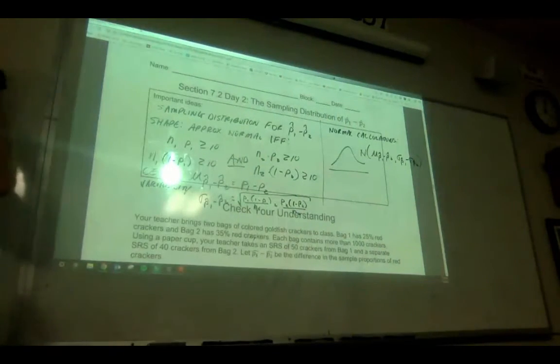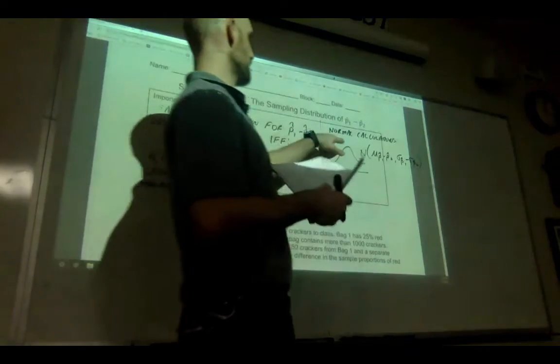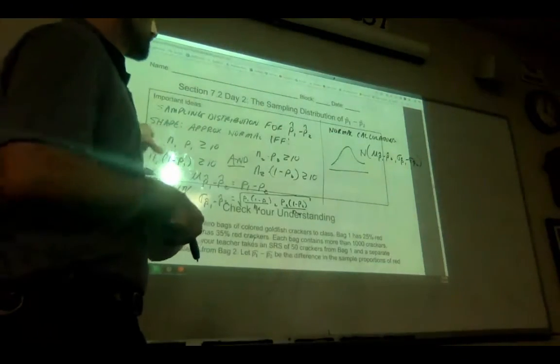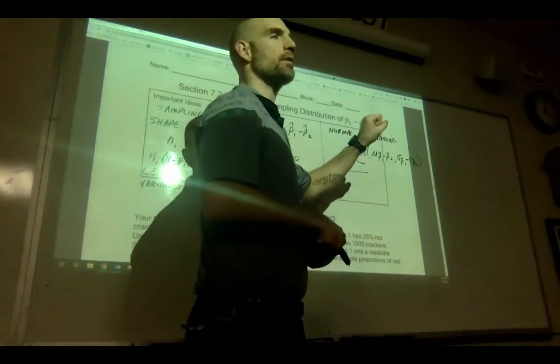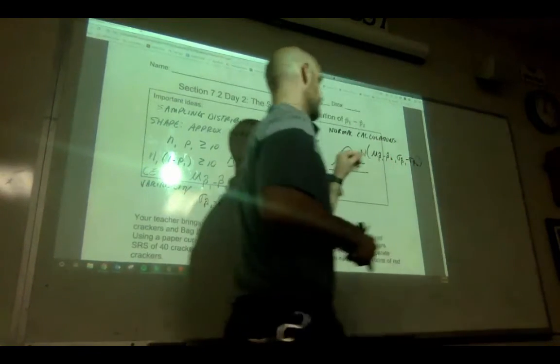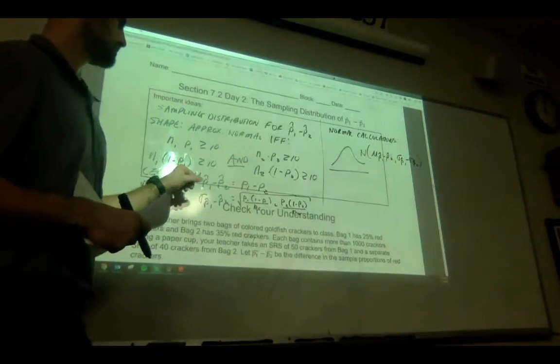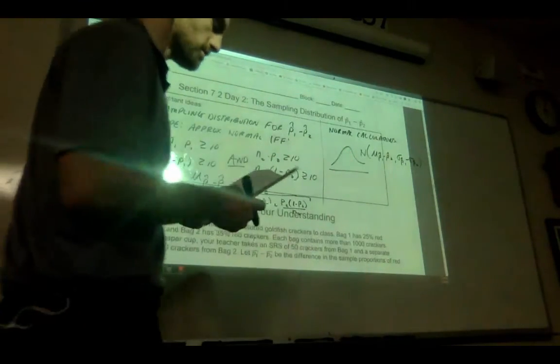So don't get mixed up in the formulas too much, but understand that when we're talking about assessing the normality, this sketch comes from these conditions here. We assess the normality over here. It is normal, we're just labeling it. And we use these symbols to say, you find the mean using the means. You find the standard deviation by using the standard deviations.